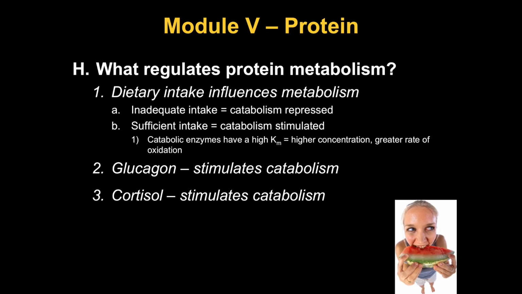When we have sufficient intake of protein, then we actually stimulate catabolism, because we can spare that protein and utilize it for energy needs. We also have glucagon and cortisol, which both are going to stimulate catabolism. So if calories overall are insufficient, then we are going to release cortisol and glucagon, which is going to stimulate catabolism to release those amino acids so we can utilize them for ATP production.